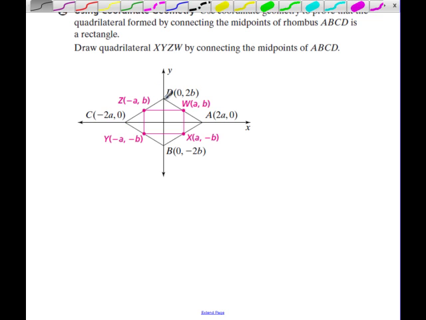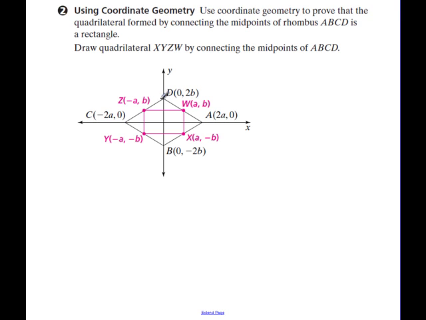we can see that this y value right here is 2b. Now, if this is 2b, and the y value here at A is 0, we know based on the definition of a midpoint that the midpoint is going to have a y value that's directly between 0 and 2b.